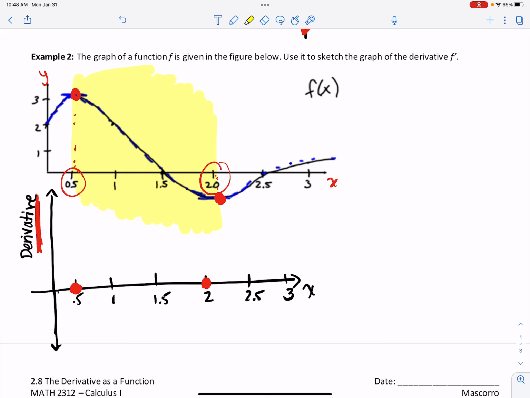Feel free to look at your partner's paper and see if those pictures kind of look the same. If you're near someone, please just check that your picture matches with at least one person.